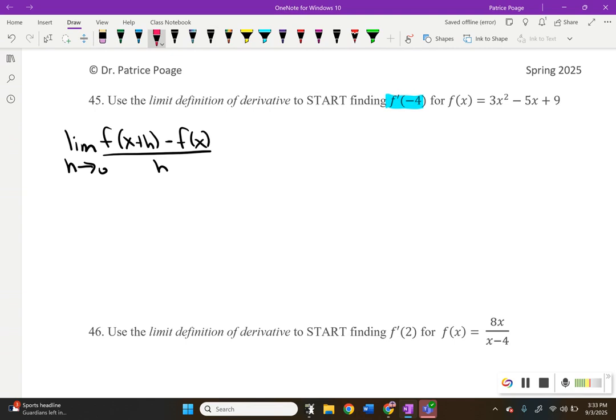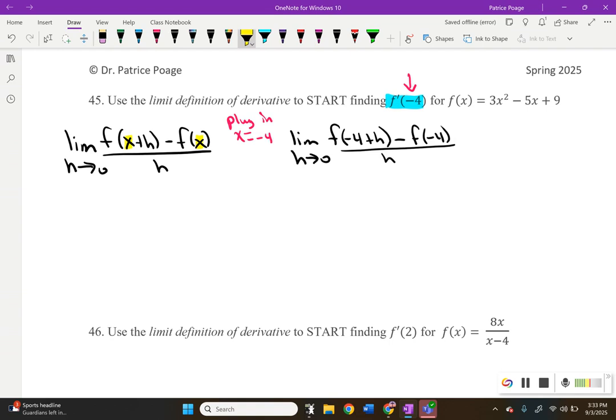So I have the limit as h goes to 0 of f of negative 4 plus h minus f of negative 4 over h. I replaced both x values with negative 4.